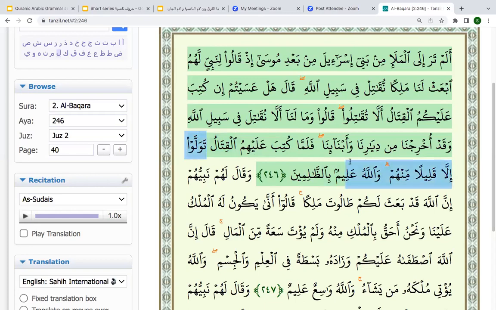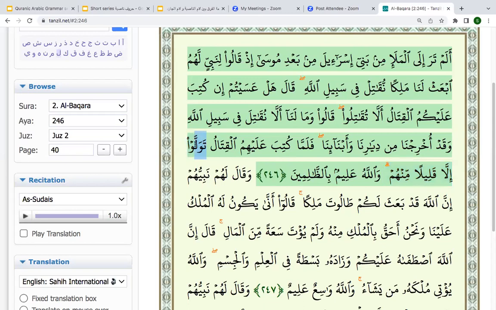Tawallau, right? Everyone agrees. So this all highlighted part is your jawabu shart. They turned away except very few from them. So when fighting was made mandatory upon them, they turned away except very few from them. Both jumla shartiya and jawabu shart are past tense. Okay.